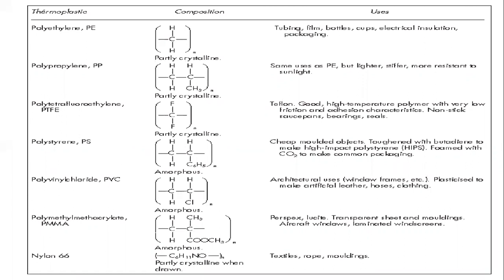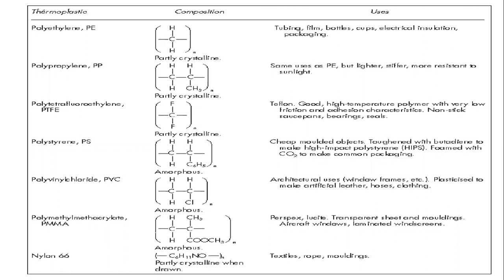It is used in making Teflon, and it is a good high temperature polymer with low friction and good adhesion characteristics. It is non-sticky in nature, and it is used in pans, that is saucepans, or bearings or seals. These are the different applications of PTFE.